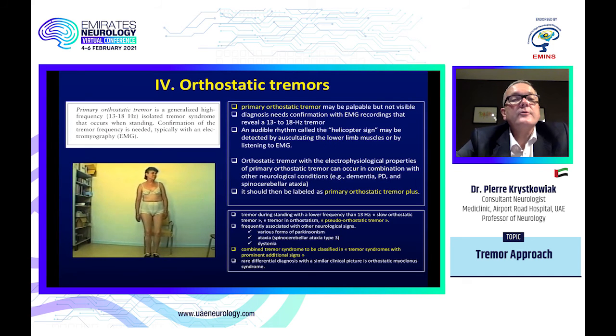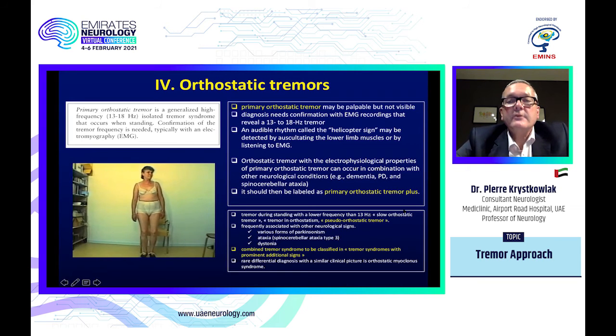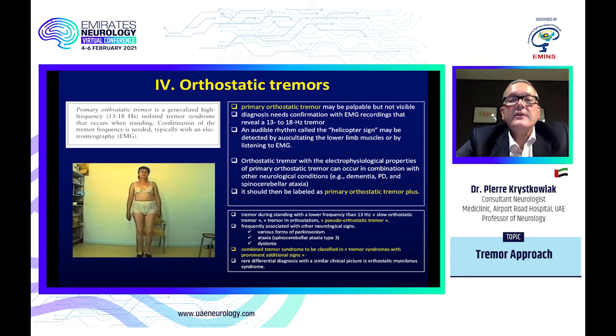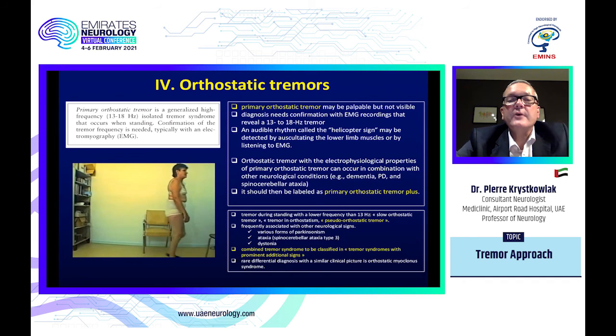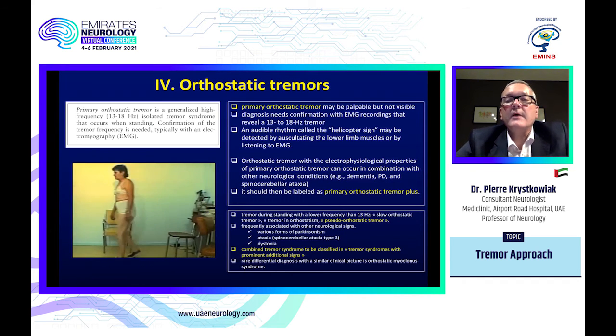Confirmation of the tremor frequency is needed, typically with electromyography. This tremor may be palpable but not visible, and the diagnosis really needs confirmation of the electrophysiological data. What is also interesting is that an audible rhythm, called the helicopter sign, may be detected by auscultating the lower limb muscles or by listening to the electromyogram.